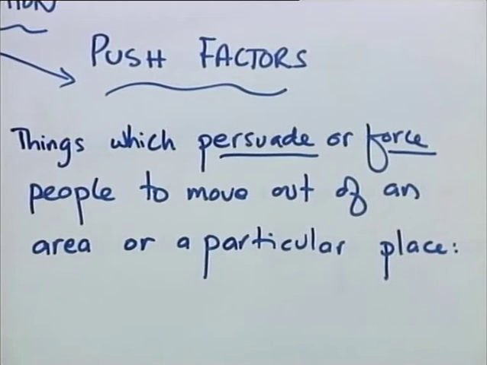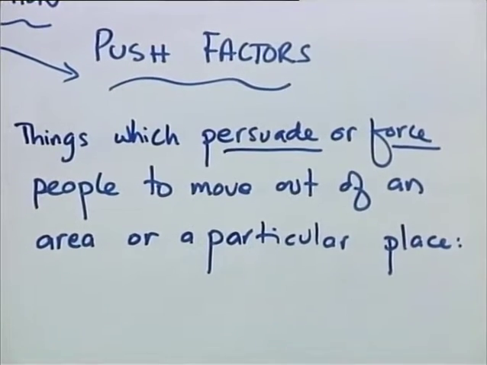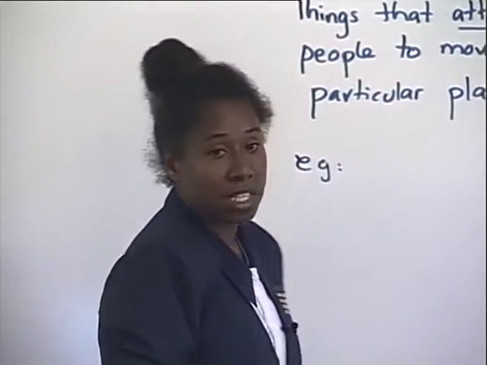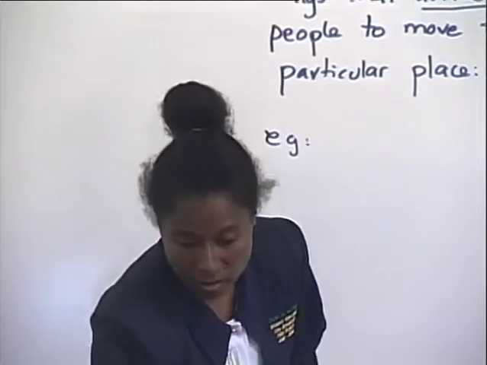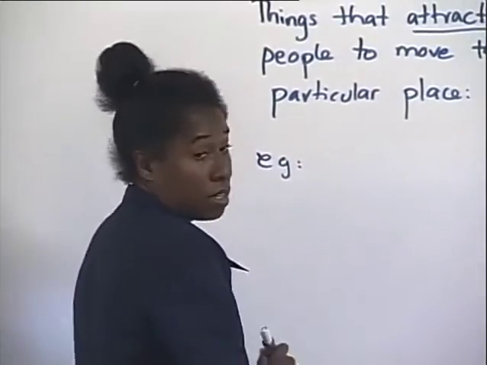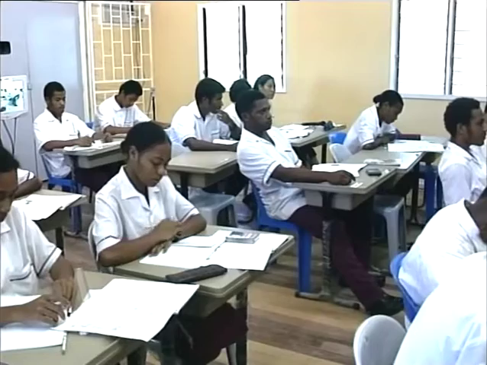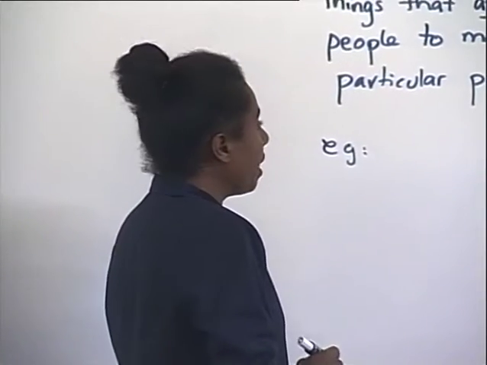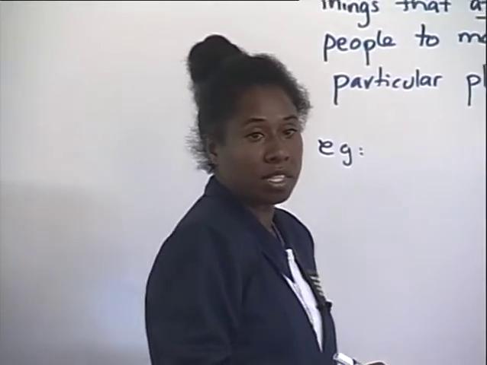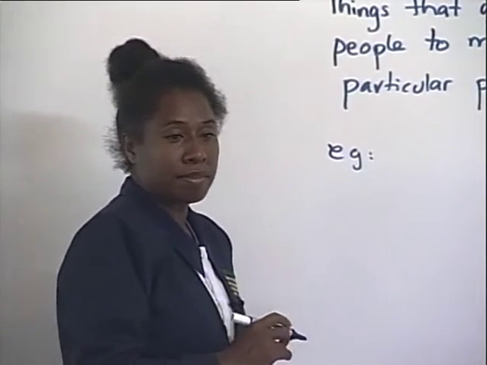Now let's look at the examples, as you were supposed to also discuss. Let's look at some of the examples for the pull factors. Examples of pull factors. Noel, could you give us a couple, and then the rest we can include if he misses out from his list.